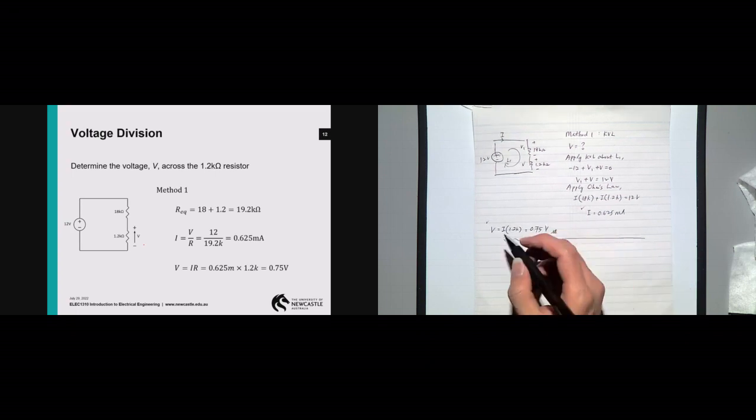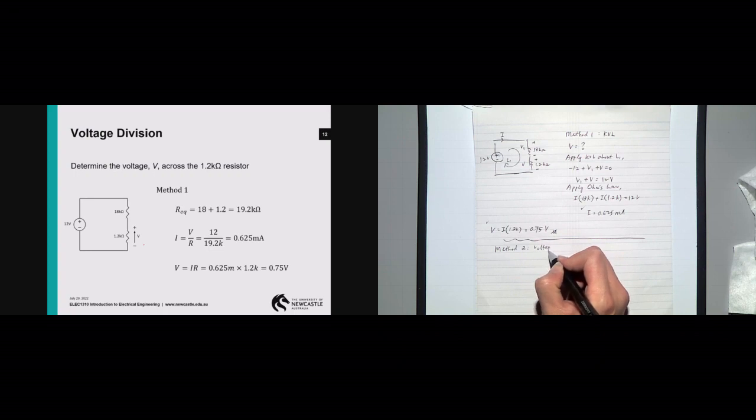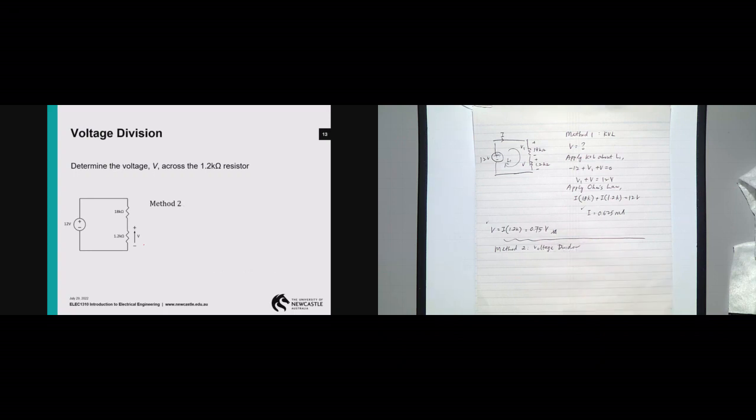So for simple questions like this, you can use method 2, which is the voltage divider method. Very easy. V is essentially the voltage source, 12, multiplied by the resistor of interest over your R equivalent.